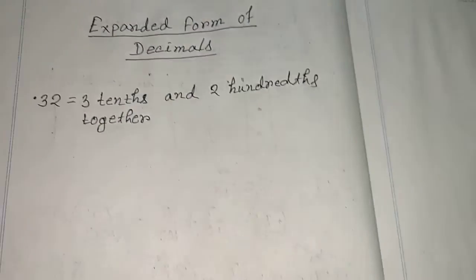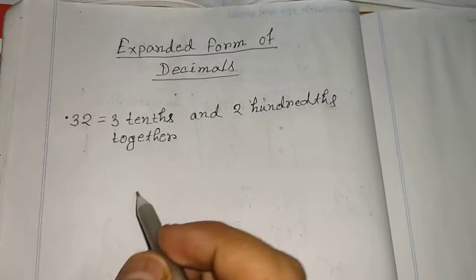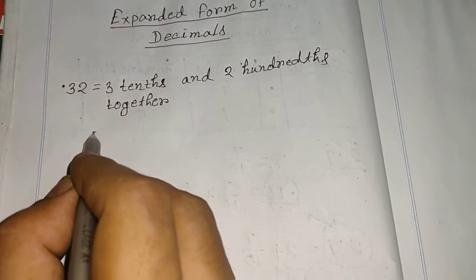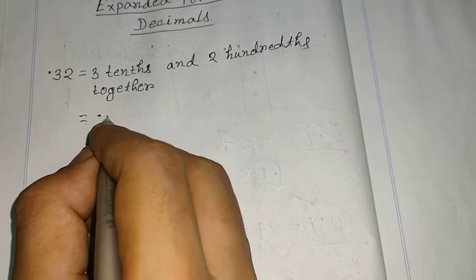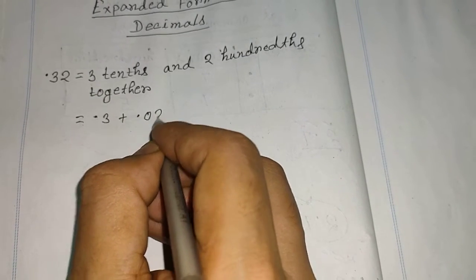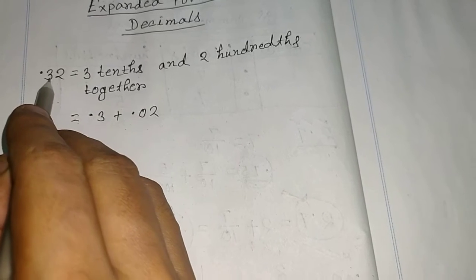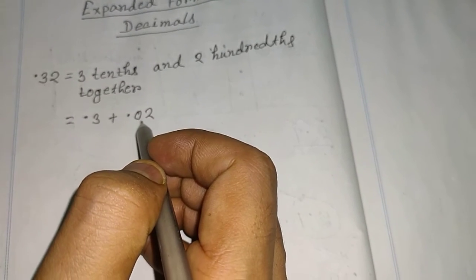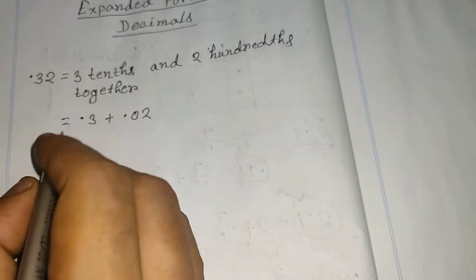Or we can also write this number like 0.3 plus 0.02. Here 2 is in the hundredths place, so we put 0 here, and we get this.